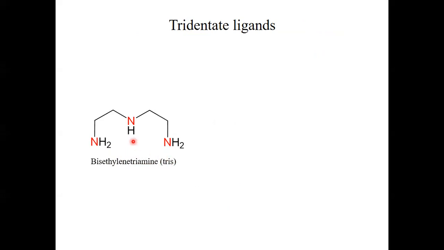So here we have just one additional ethylene group and one additional amine group in addition to the ethylenediamine unit that we have seen before. But you see again that also in this case, our donor atoms are 2 carbon atoms apart, and that's again ideal for the formation of stable chelate complexes.